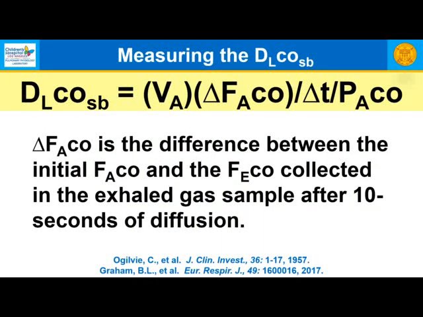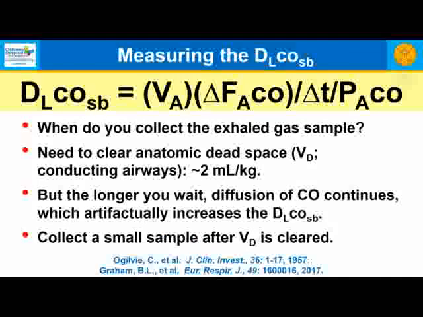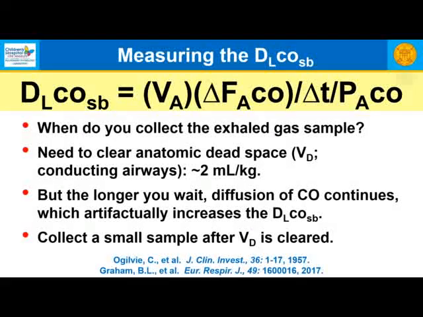Delta FaCO is the difference between the initial fraction of alveolar CO and the fraction of exhaled CO collected in the exhaled gas sample after 10 seconds of diffusion. Now note this is the value we calculated, not the FiCO. When do you collect the exhaled gas sample? Well, you need to clear anatomic dead space, or VD, which are conducting airways, which is about 2 mLs per kilogram.